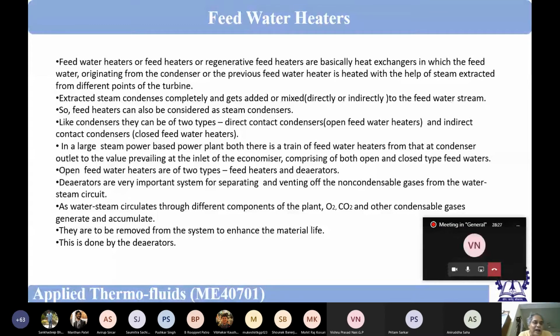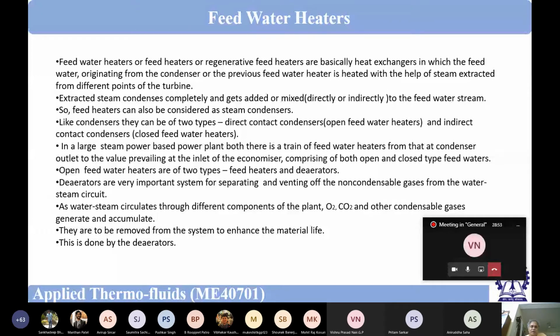So have a look once: feed water heaters, or feed heaters, or regenerative feed heaters. Different names, but they are basically heat exchangers in which feed water originating from the condenser, that is, water we get from the condenser after condensation of steam, or from the previous feed water heater, is heated with the help of steam extracted from different points of the turbine.